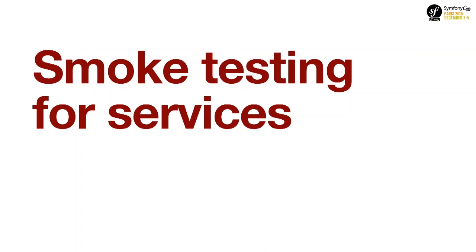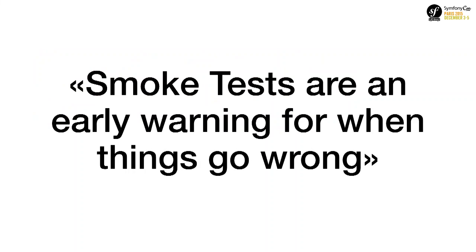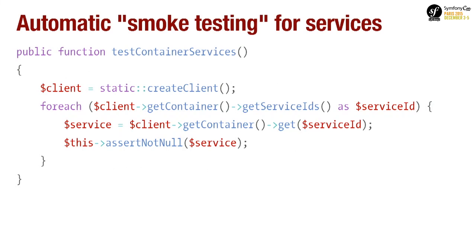Okay, very quick, some comments about services, some quick wins, like the smoke testing for services. Smoke test, I love smoke tests because they require almost zero effort. I mean, it's super easy, and it's an early warning for when things go wrong. So it's a quick win, actually. And it's like that.